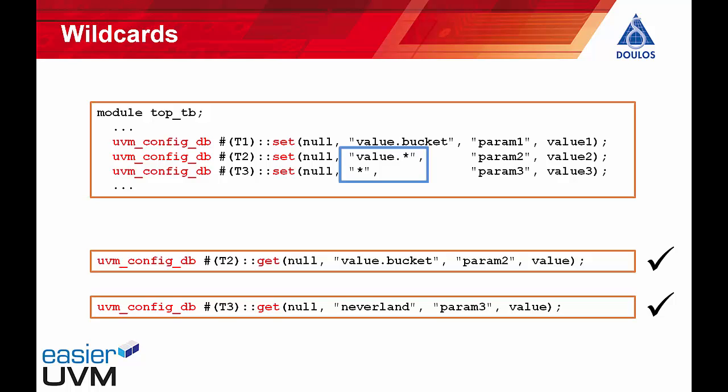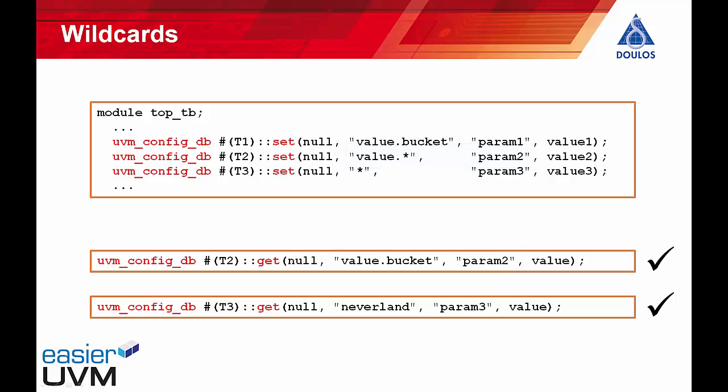So in a glob, a star refers to 0 or more characters, any characters. So when we make the call here to retrieve param2, from value.bucket, that call is going to succeed because the scope value.bucket would match the wildcarded string value.star. So value would get set to value 2.